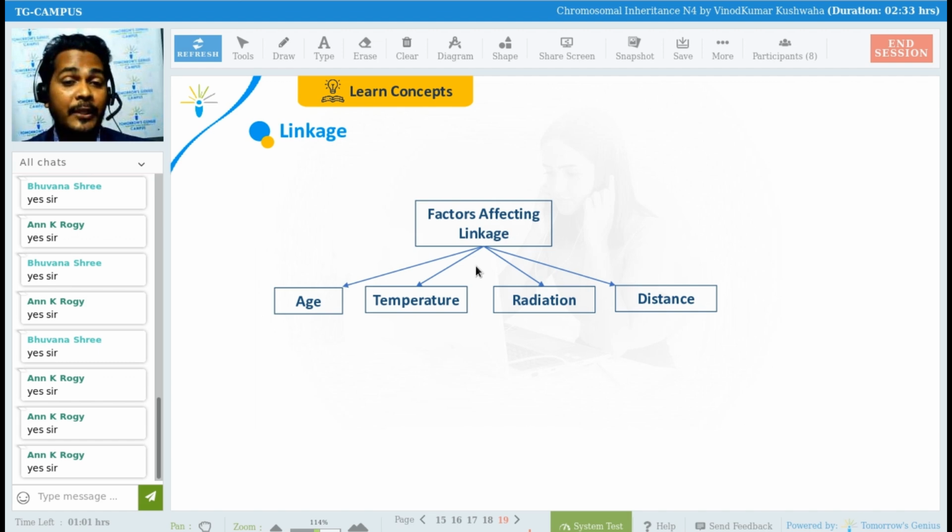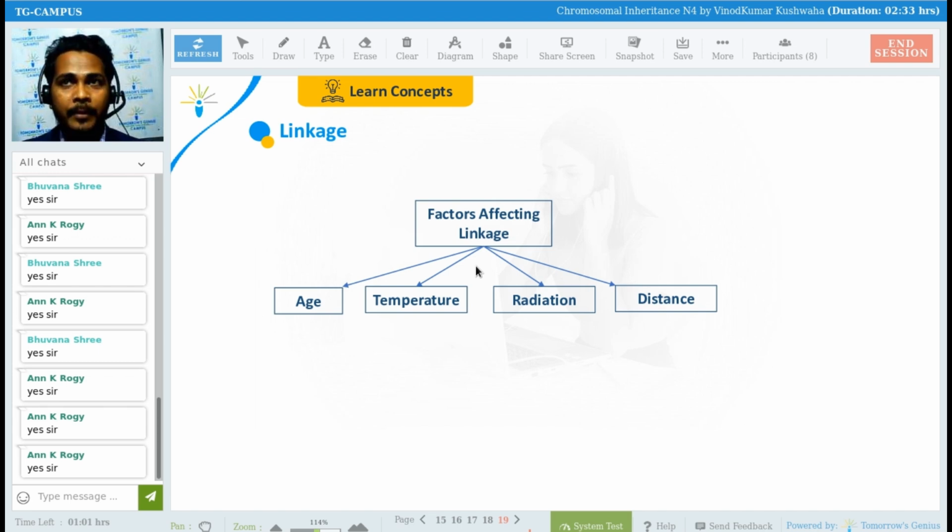If we're talking about age, how does age affect linkage? With advancing age, the chances of crossing over are reduced.